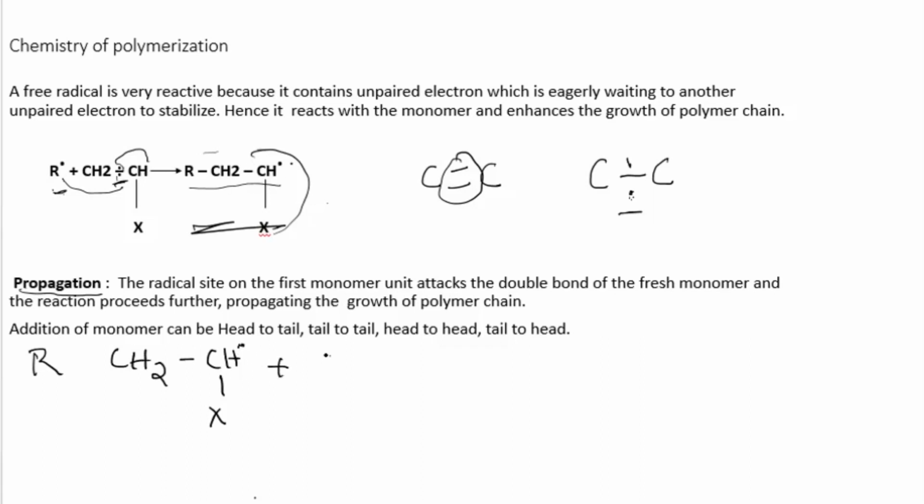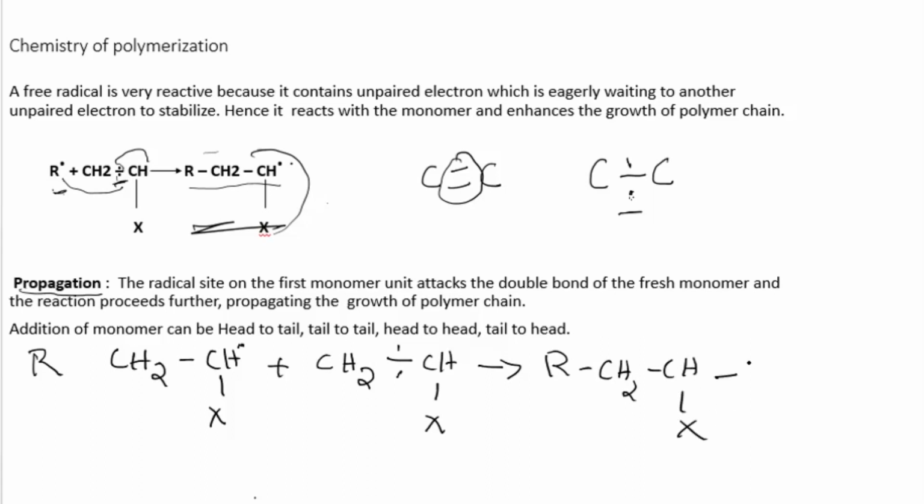It reacts with a fresh monomer, the second monomer, and gives R CH2 CHX single bond CH2 single bond CHX. So again another radical site is formed on the second monomer unit. In this way the chain growth goes on further.